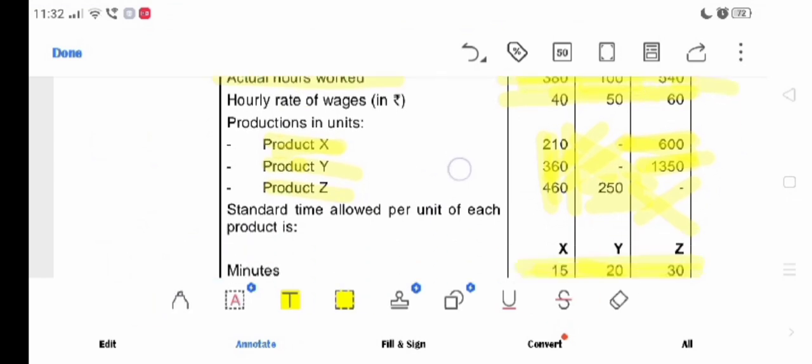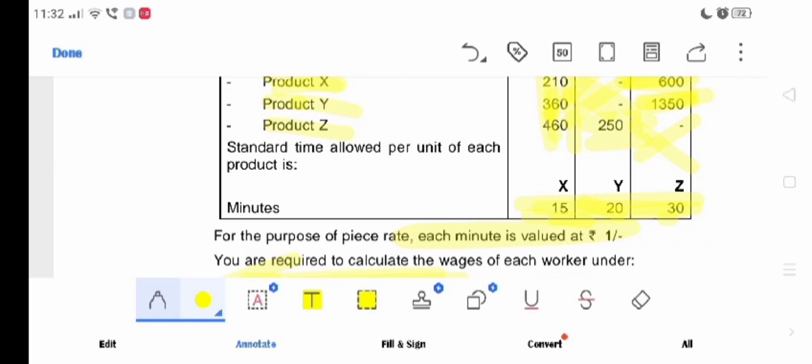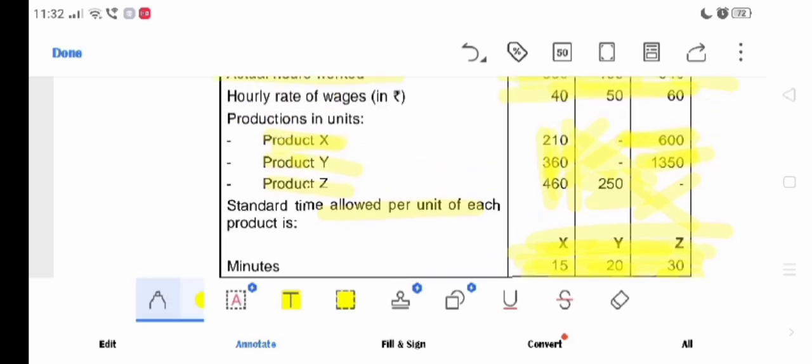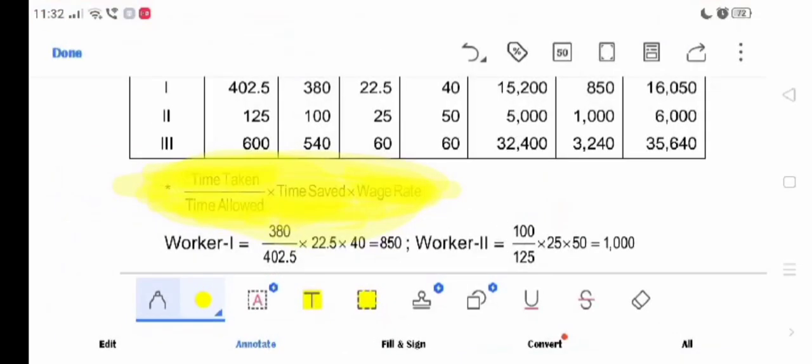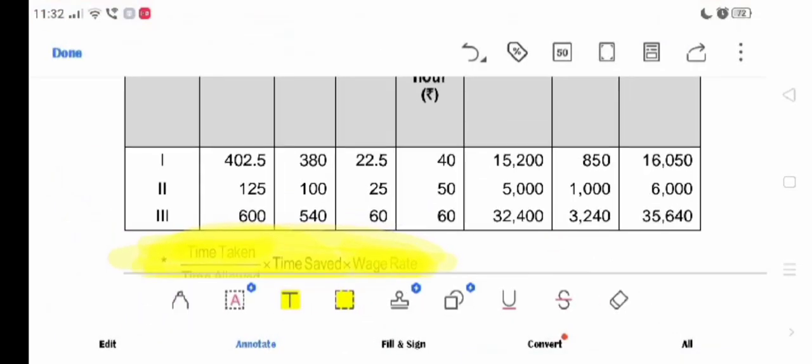But what is the time allowed here? For time allowed per unit it is 15, 20 and 30 for all the 3 products X, Y and Z. How much they produced for X and Y, accordingly we'll calculate how much time is allowed. Let's see the table, you'll get more clarity.